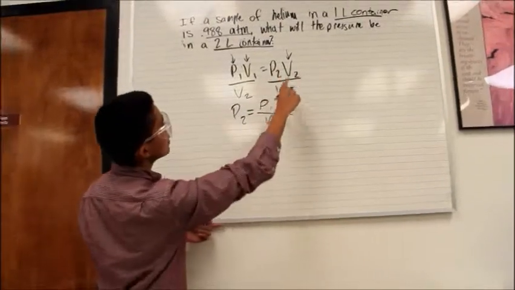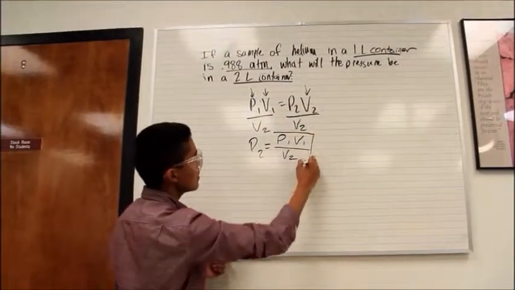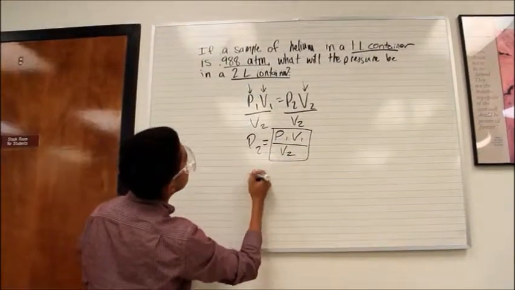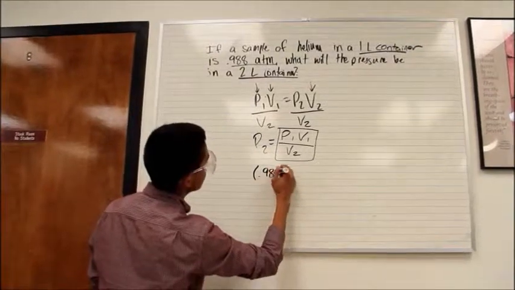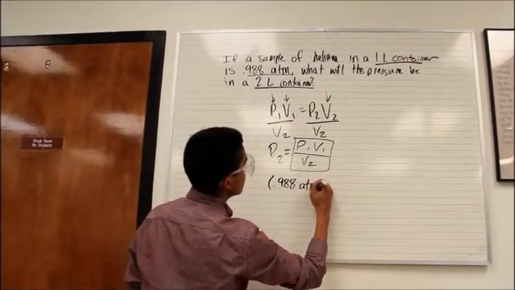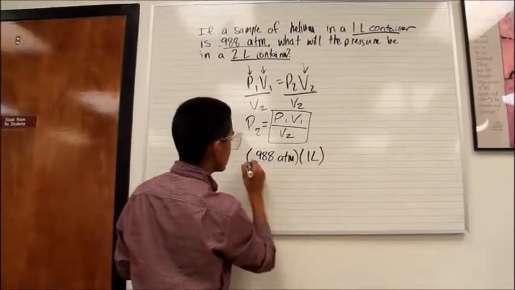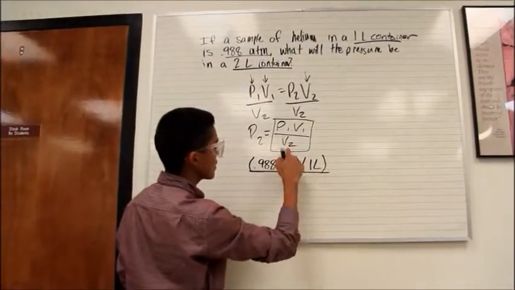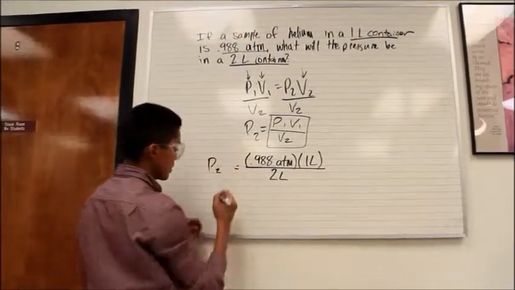Now all we have to do is put the information into this equation. The pressure of the first one is 0.988 atm, times 1 liter, divided by the volume of the second one, 2 liters, and this is equal to the pressure of the second.